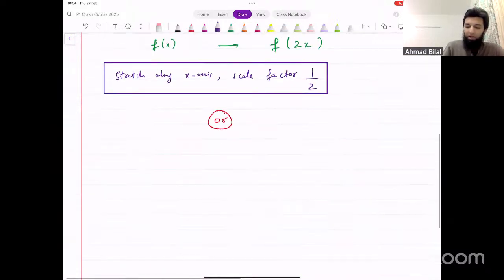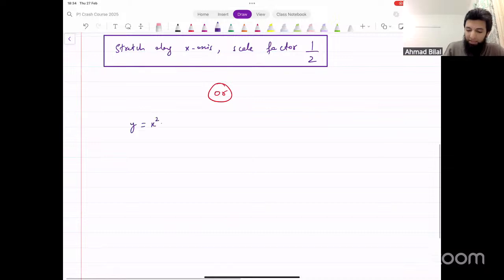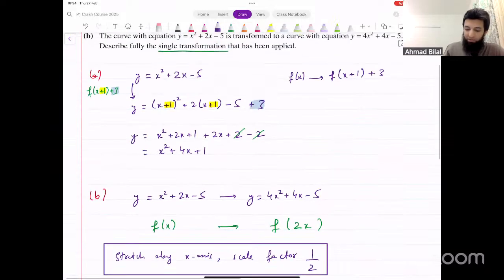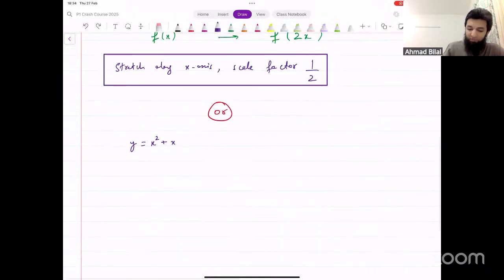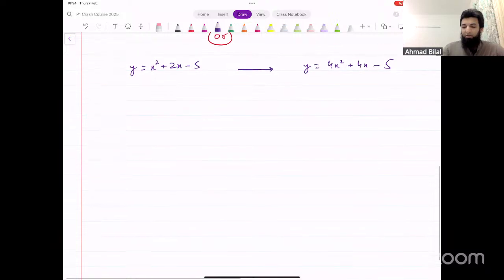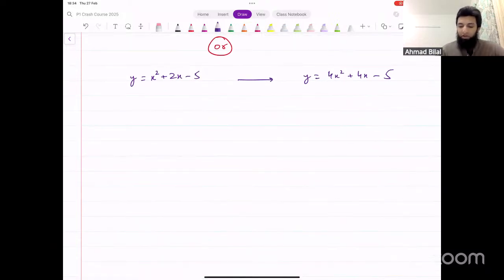For example, in this case, you know that x squared plus 2x minus 5 is going to 4x squared plus 4x minus 5. One way is to think of it in your head, try to figure out, okay, what could change to this function to give us that other function. That's trickier. An easy way to do this that works for any question like this is, when you have to figure out what transformation is happening, you complete the square for both of these functions.